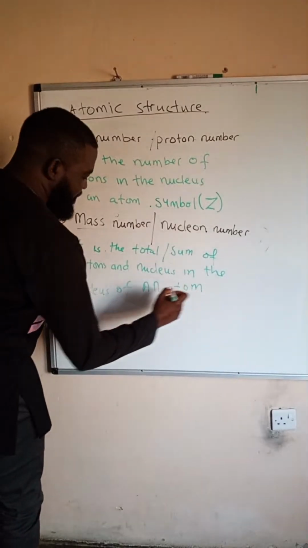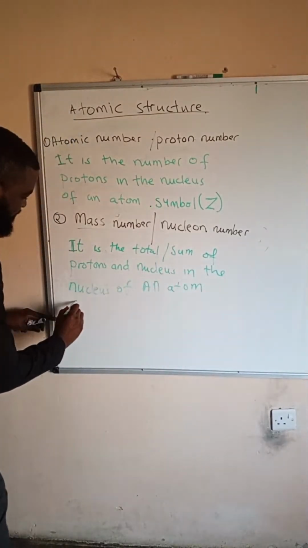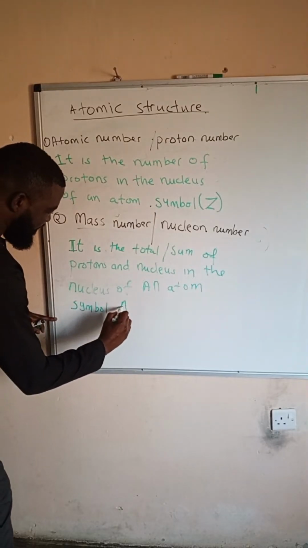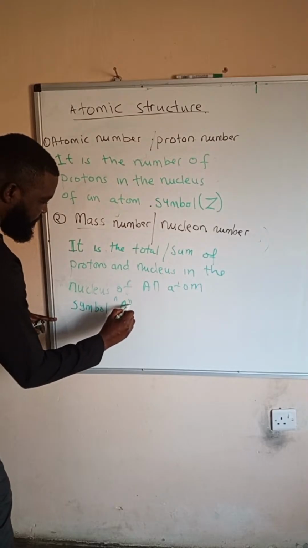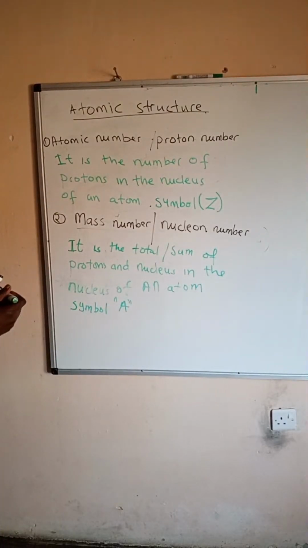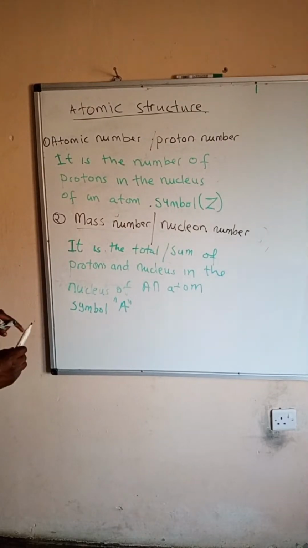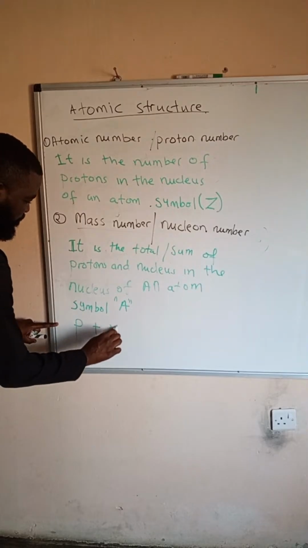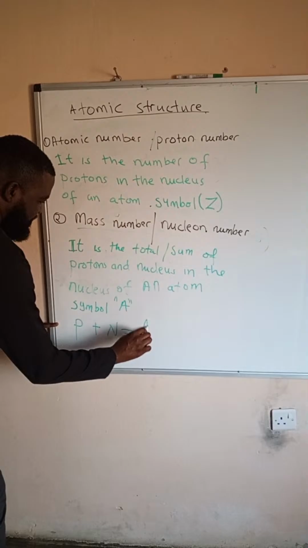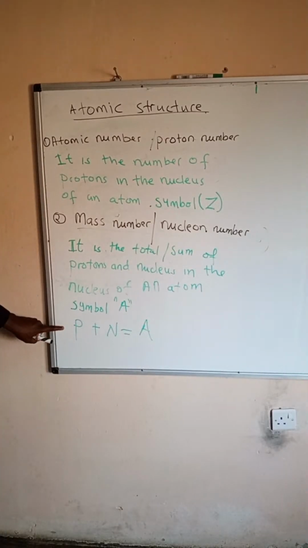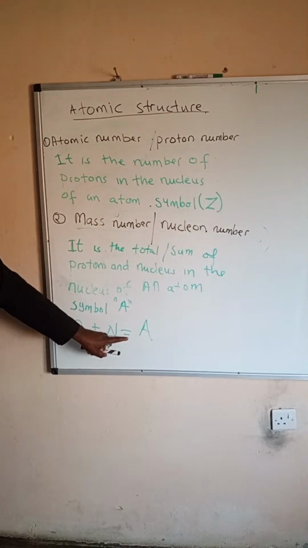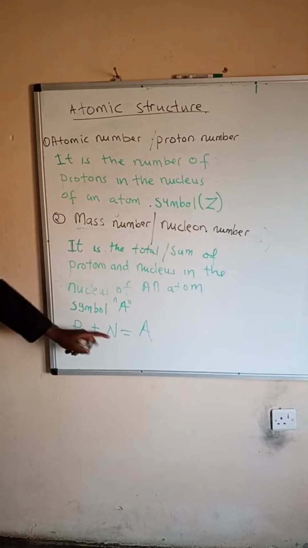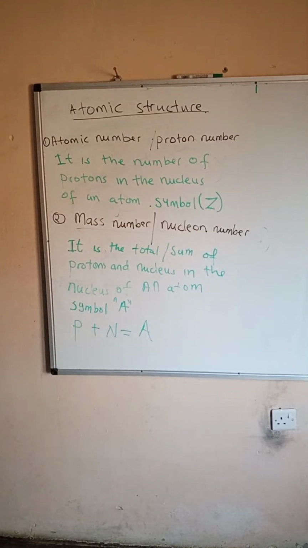And then the symbol for mass number is A. So mass number means I'm adding protons plus neutrons, which will give me mass number A. You already know P means protons, N means neutrons, A means mass number.